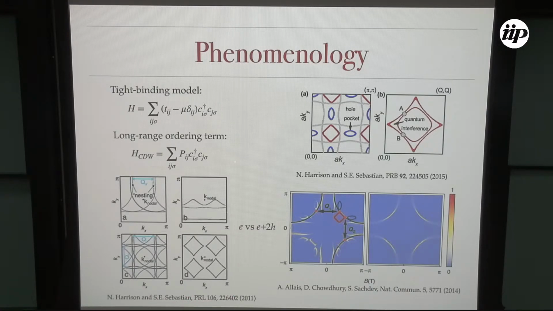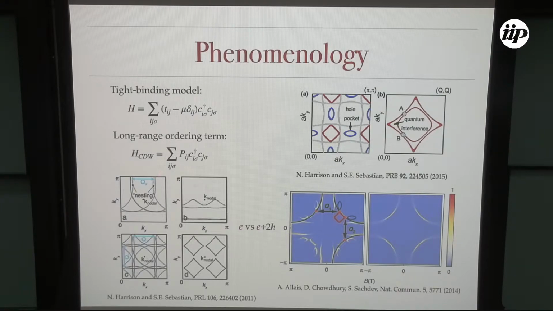They used the multiple Q ordering to calculate the band structure and the Fermi-surface, and it was the first observation of an electron pocket in a direct calculation. But all of this approach is based on including some long-range ordering term by hand. So we have to add an external term to the Hamiltonian to break the symmetry and to make some charge ordering.